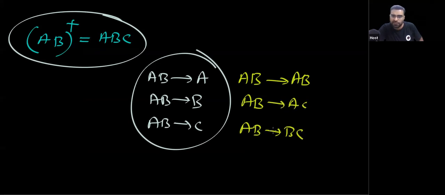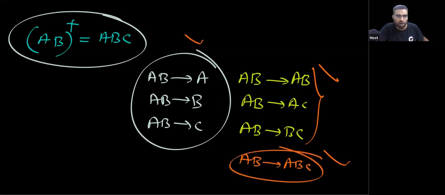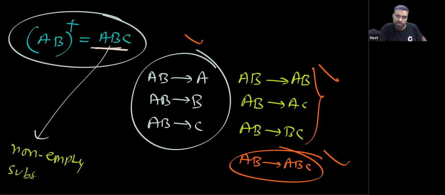I can create this FD, and this FD. I can also create AB determining ABC. So total how many? Again, very simple. Just create non-empty subsets of ABC. So tell me, how many non-empty subsets of ABC are there?